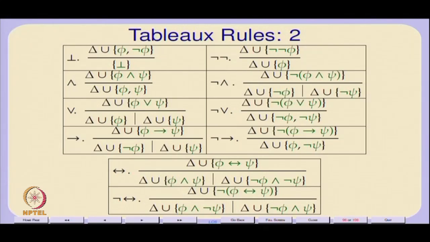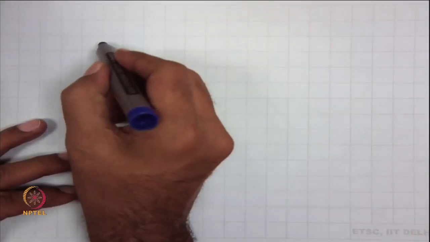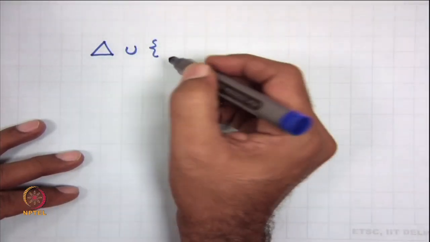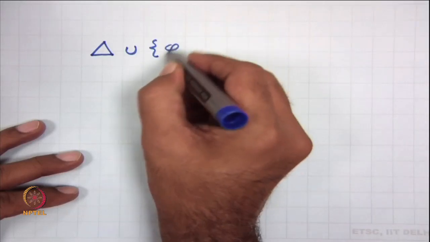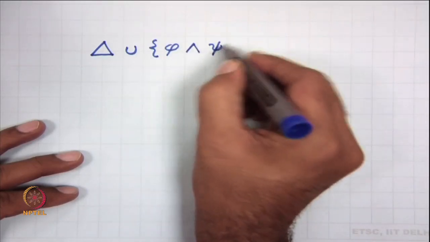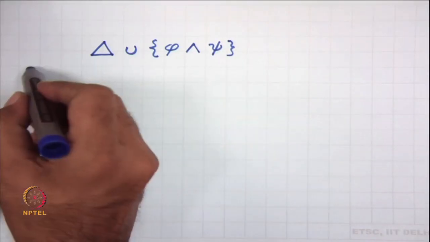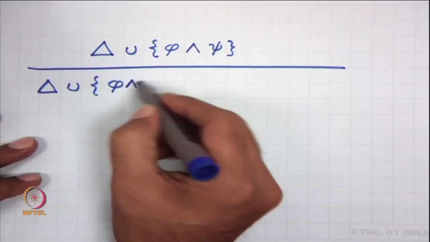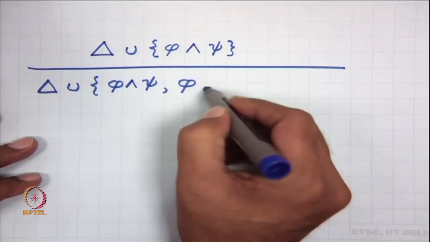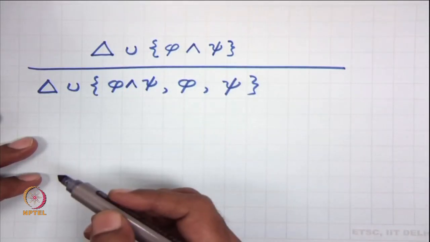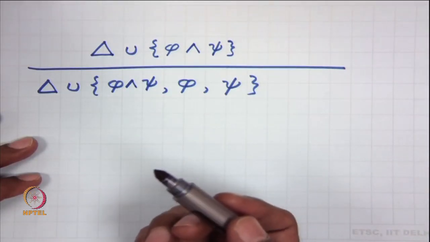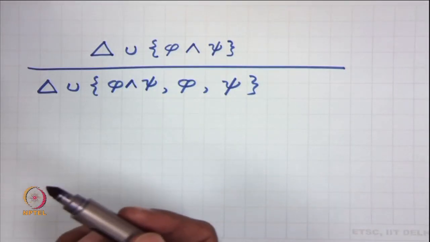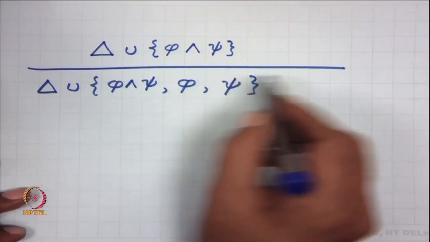If I write it as delta union phi and psi, and include phi and include psi, for a typical elongation rule, then I do not need to consider the entire path. Similarly, this is the case for elongation rules.